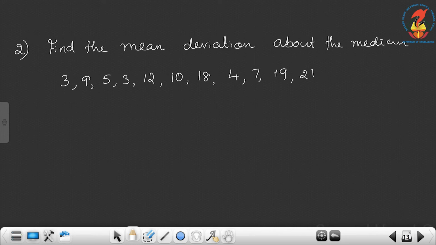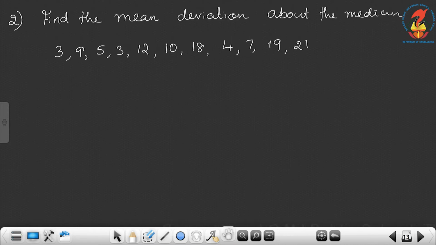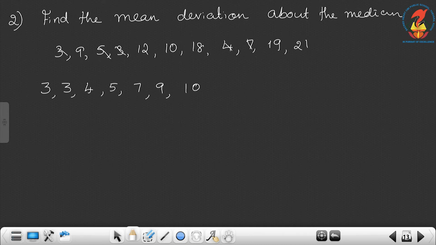Now the next is to find the mean deviation about the median. For the median, the first step is to arrange the data in ascending or descending order. So 3, 3, 4, 5, 7, 9, 10, 12, 18, 19, 21.